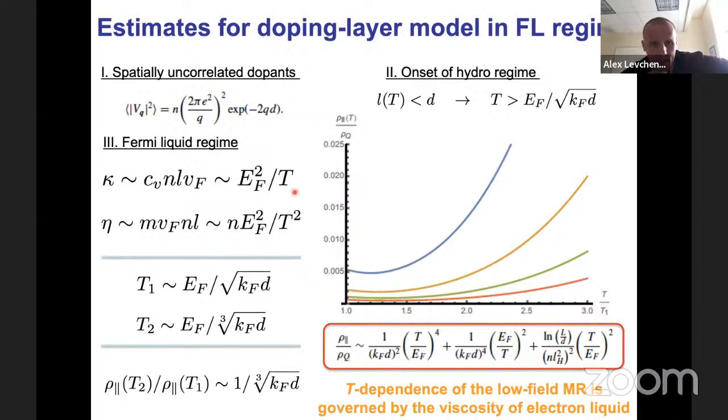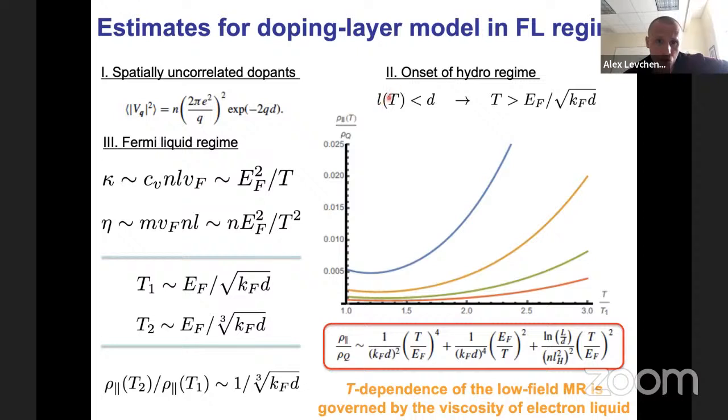Now we need to ask ourselves, what is the regime of applicability of this formula? Remember, I told you that we need to ensure that the electron mean free path should be the smallest scale in the problem. What is the scale here? We need to ensure that it is smaller than the scale of the momentum loss, and momentum loss would be momentum outflux due to this disorder potential. In this case, it is characterized by the correlation radius, which is D itself.